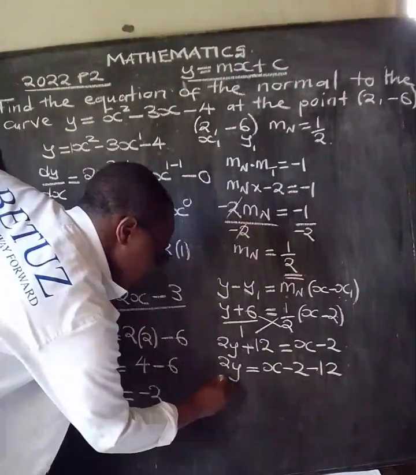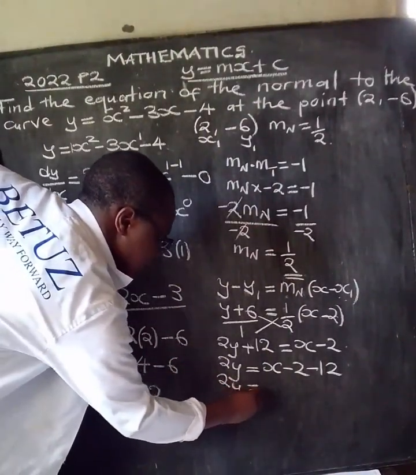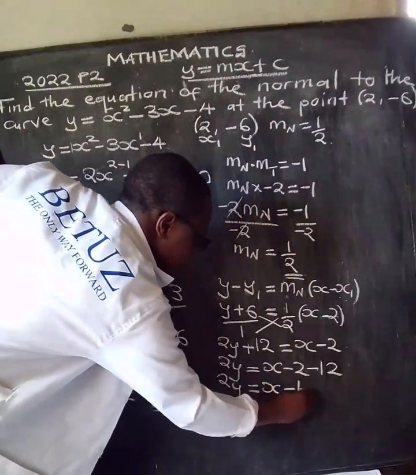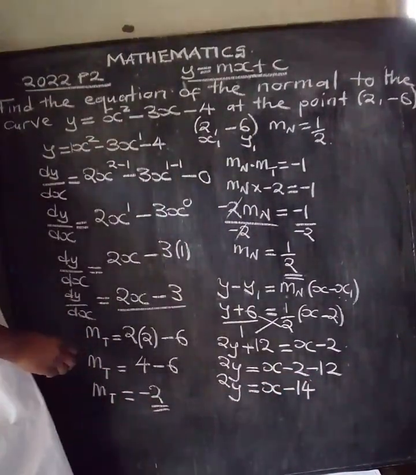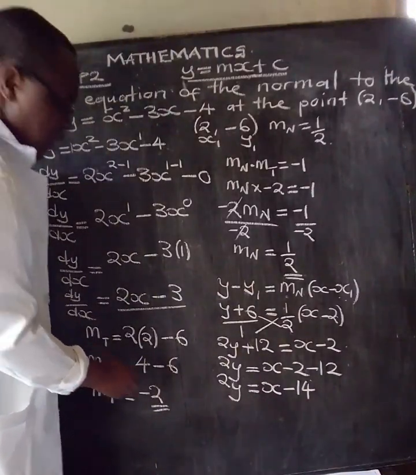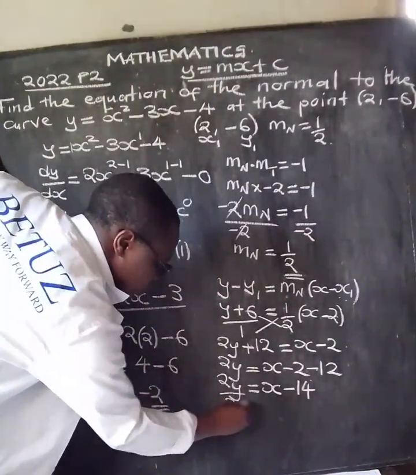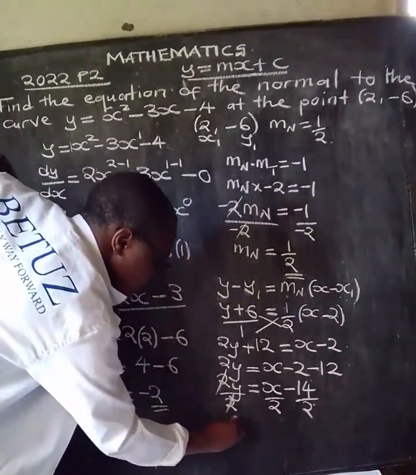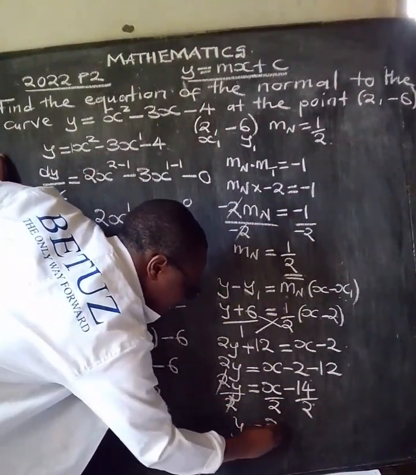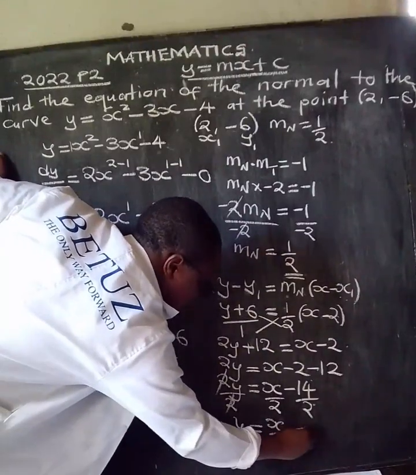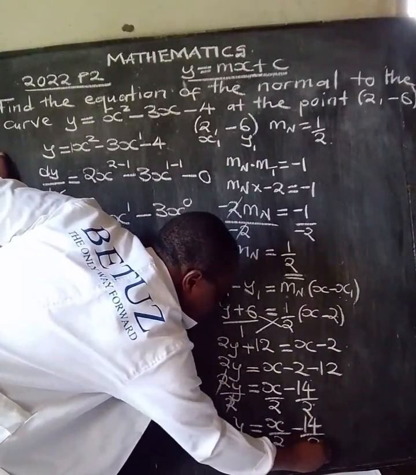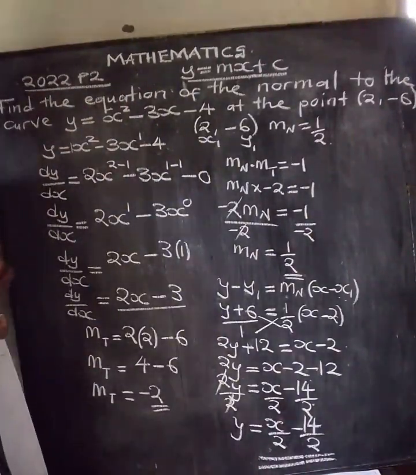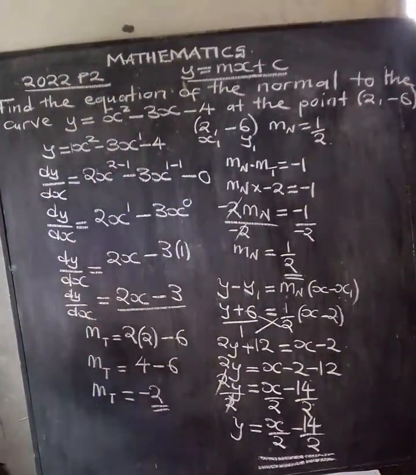So we maintain 2y is equal to x minus 2 minus 12. The answer is negative 14. Then for us to remain with y, we're going to divide by 2. So y is equal to x over 2 minus 14 over 2. This is the equation of the normal.